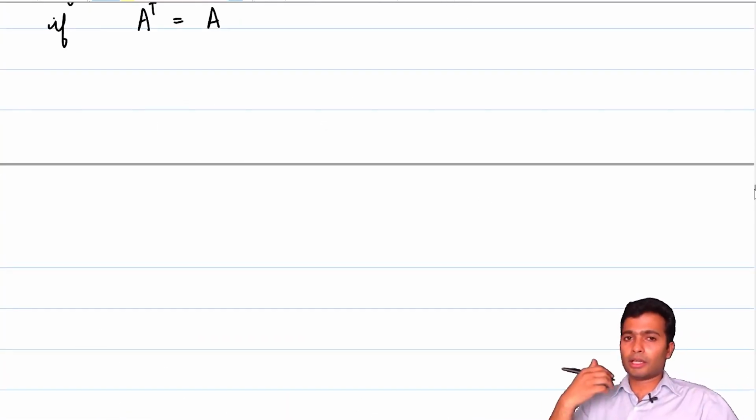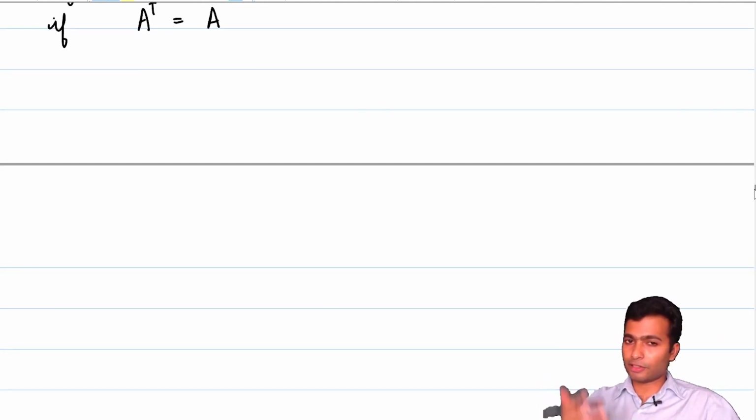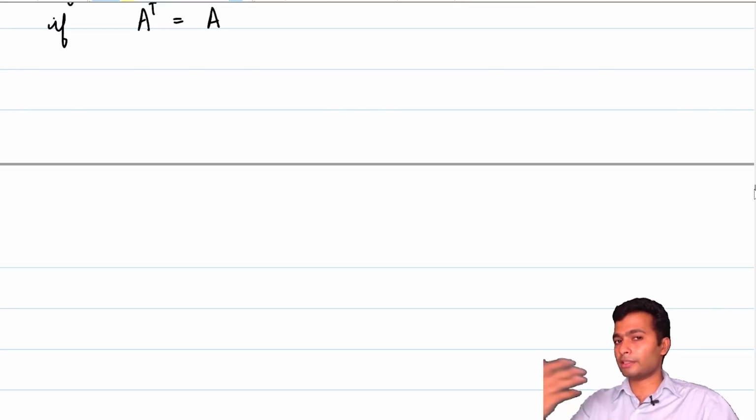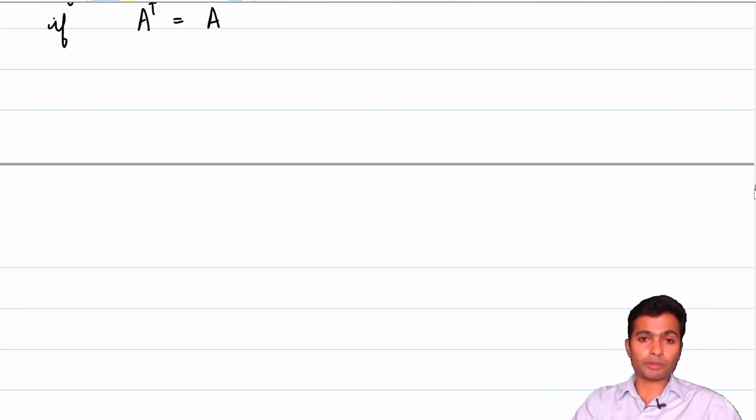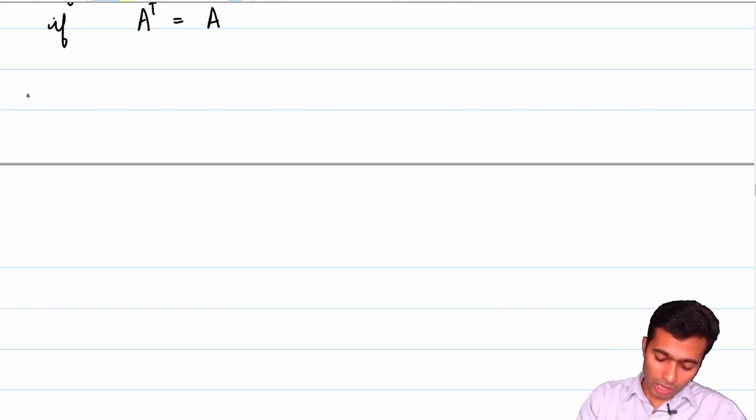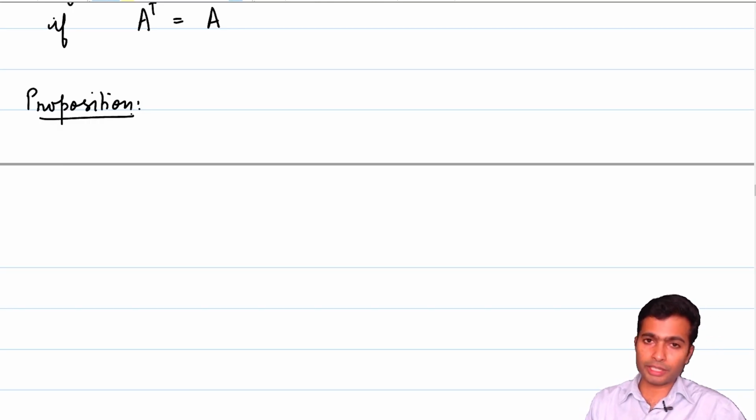Just like in the case of normal operators, we can find a relationship between self-adjoint linear operators and self-adjoint matrices, which will be the content of our next proposition. The proof of this proposition is going to be very similar to how we would have proved it in the case of normal operators, so I will not venture into giving a proof of this. Nevertheless, it's a very important statement. Let me write it down.